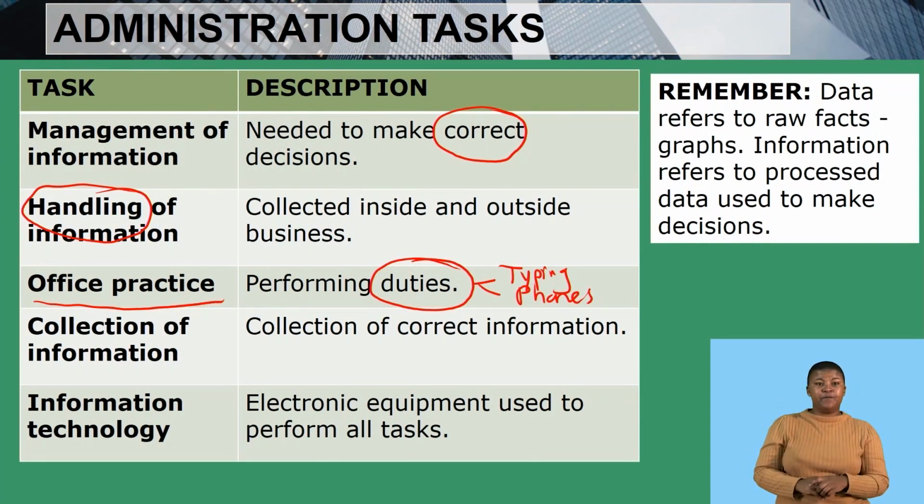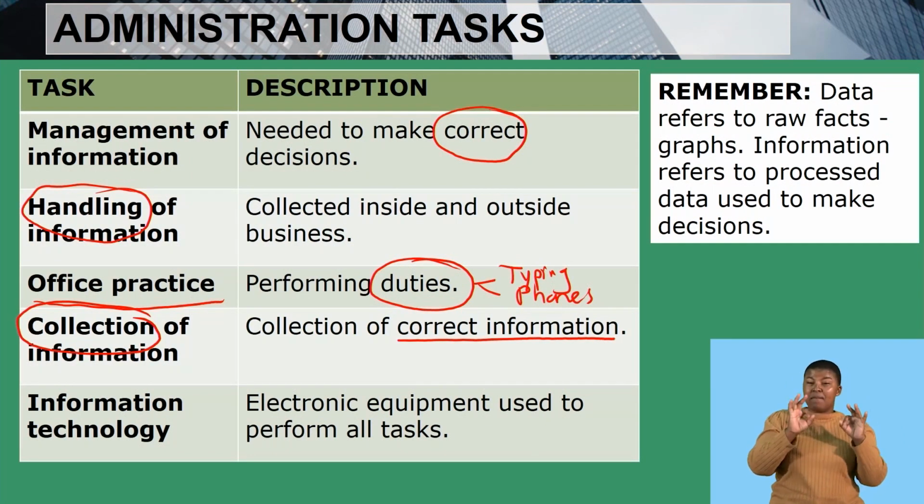Our fourth task is collection of the information, and here it is focused on collecting accurate and correct, relevant information. If it is like sales numbers, we want relevant sales numbers or figures, and we want the most recent sales figures. So it is admin's responsibility to make sure all the information is updated regularly.